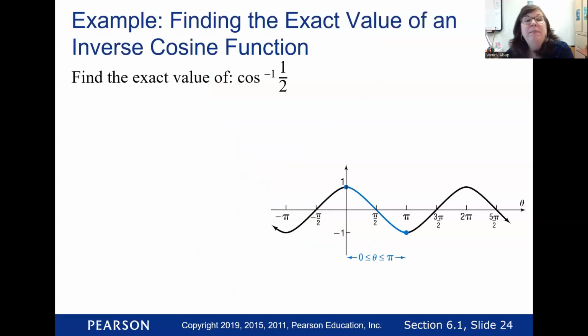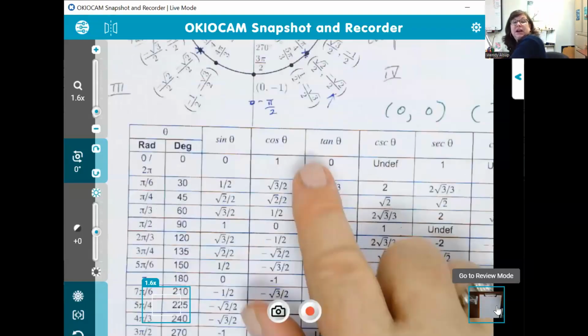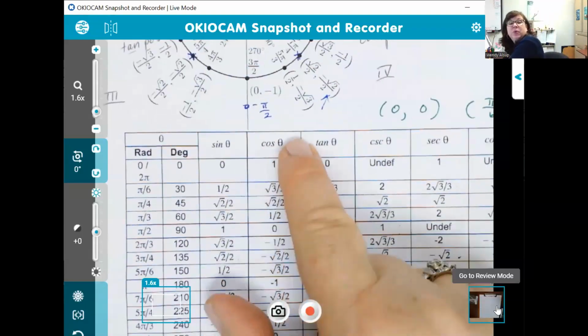All right, so how about the inverse cosine of 1/2? At what angle between 0 and pi does the cosine equal 1/2? All right, well, let's go back to our little cheat sheet. So we're wondering, when does the cosine, the second column, when does the cosine equal 1/2?